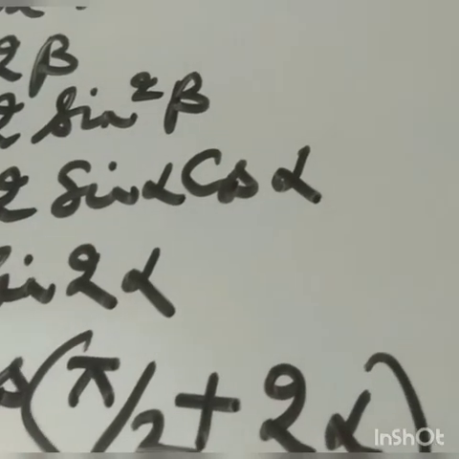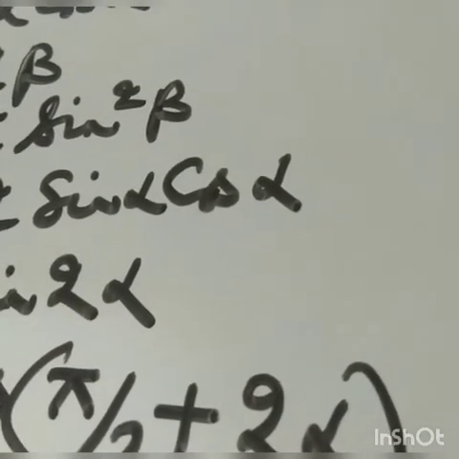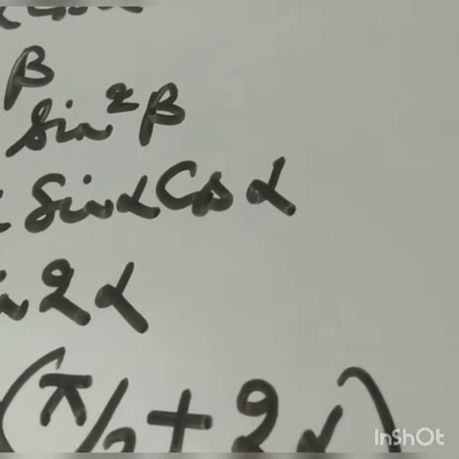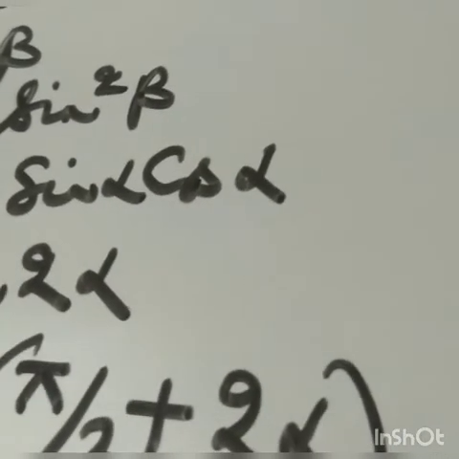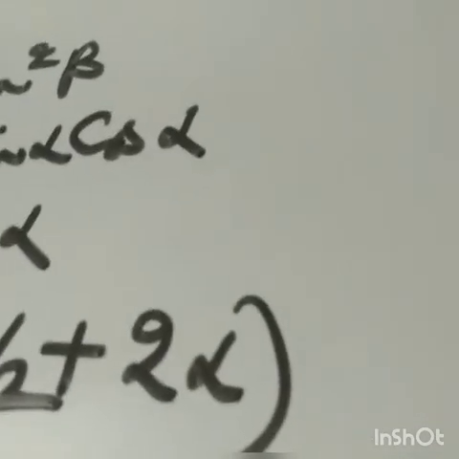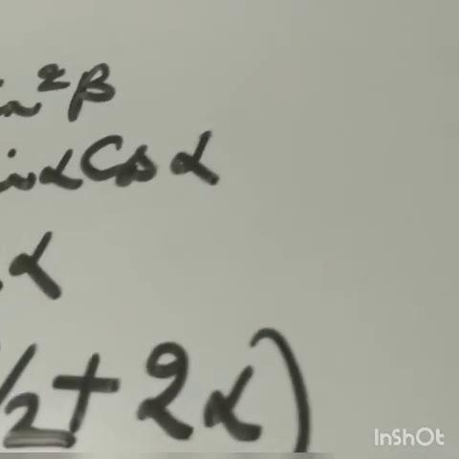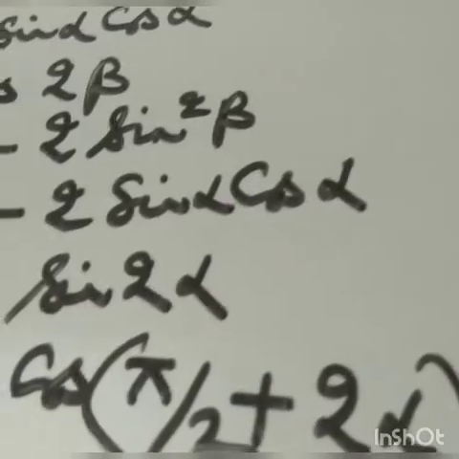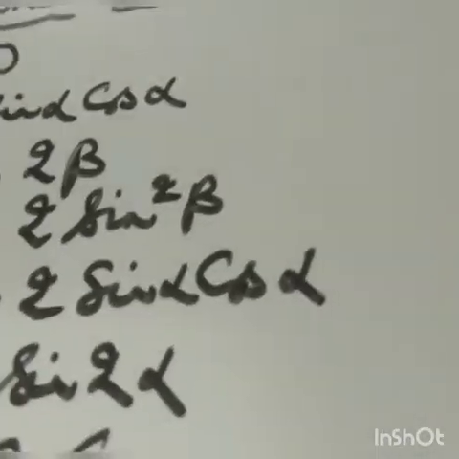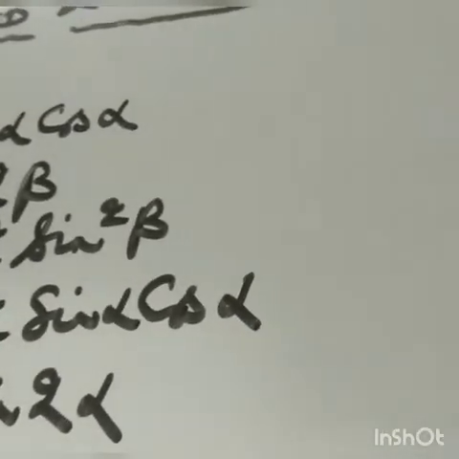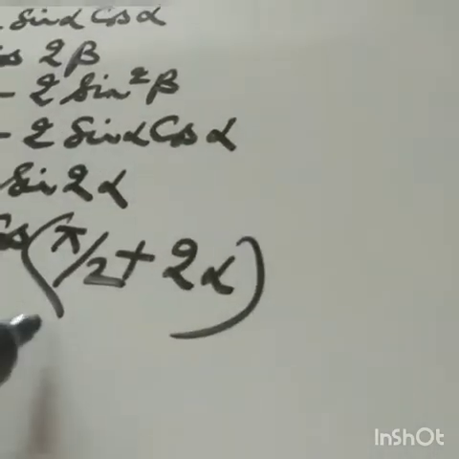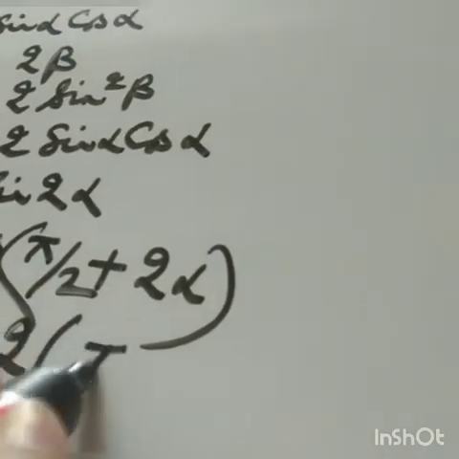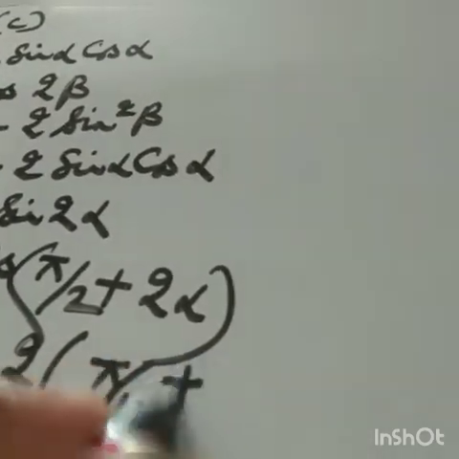Now cos 90 plus 2 alpha I have written. Now this is again equal to, you can write it in terms of pi by 4 by taking cos 2 pi by 4 plus alpha.